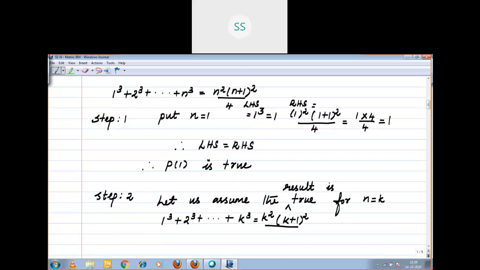Step 3, you want to prove the result is true for n equal to k plus 1. To prove P of k plus 1 is true.